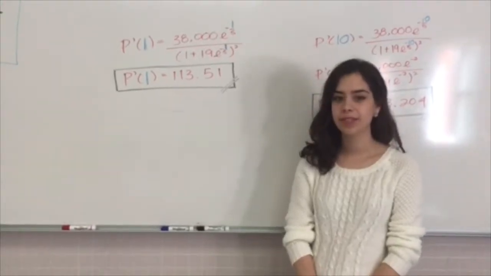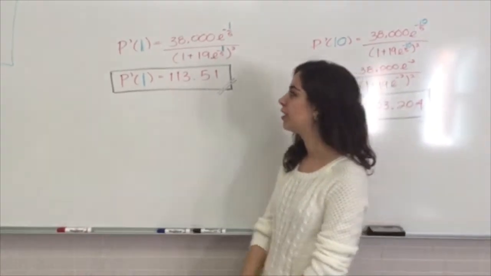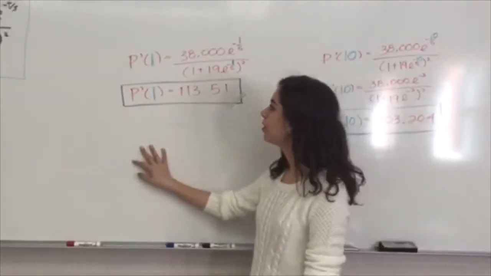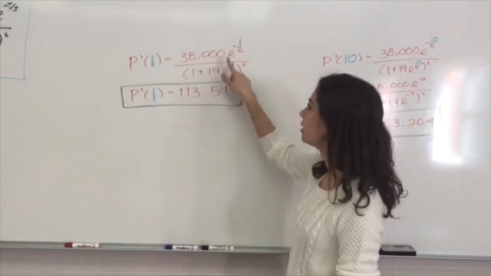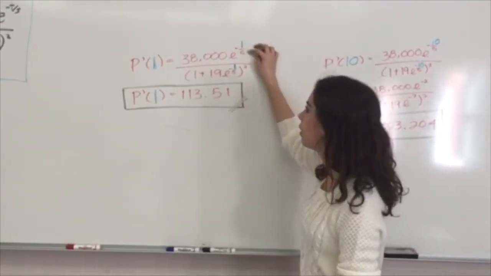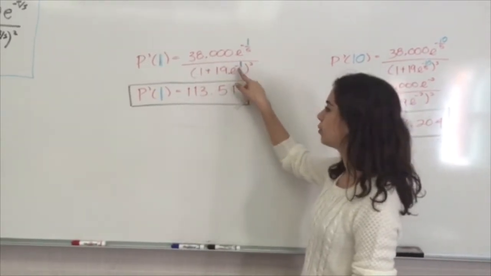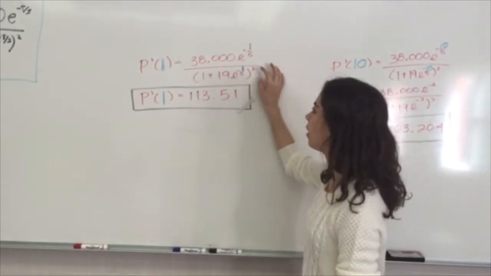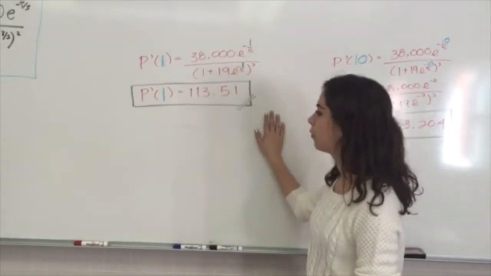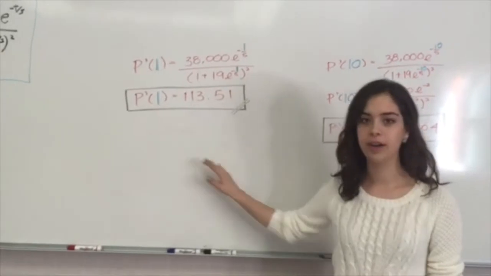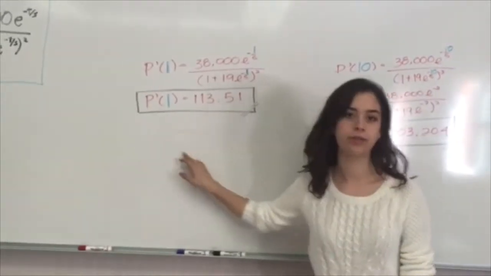Now we're going to substitute in the equation to find the ratios of 1 and 10 months. For 1 month, we'll have 38,000 e to the negative 1/5 power over 1 plus 19e to the negative 1/5 power, all of it squared, and we're going to get 113.51 for the 1 month ratio.